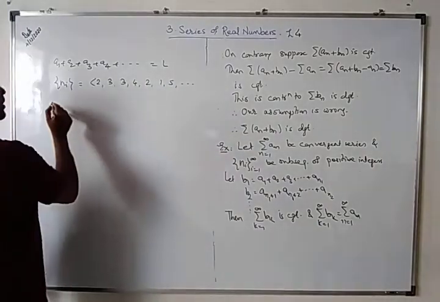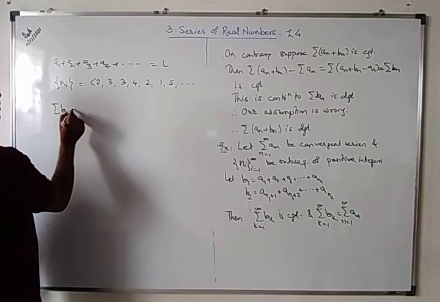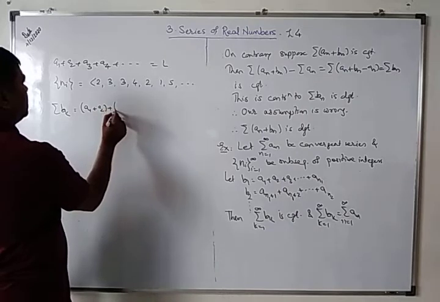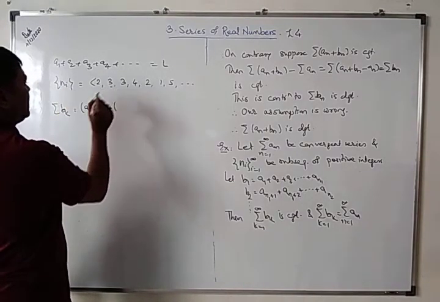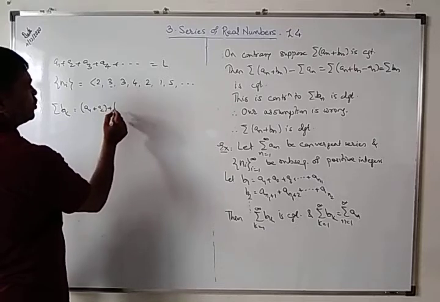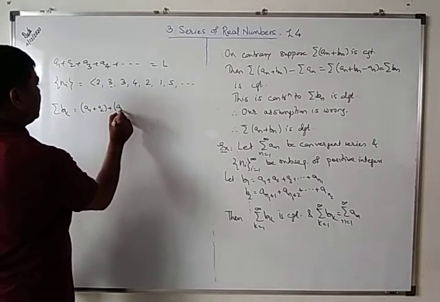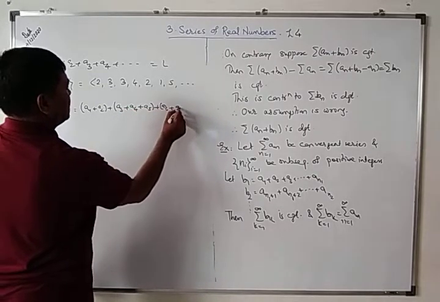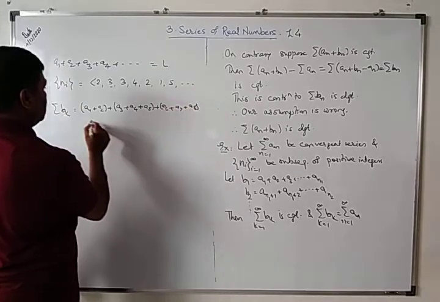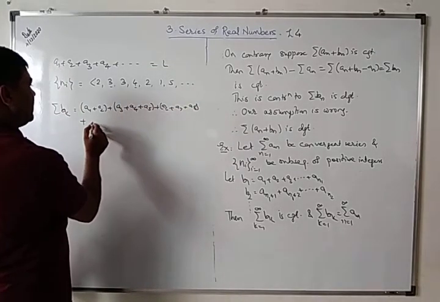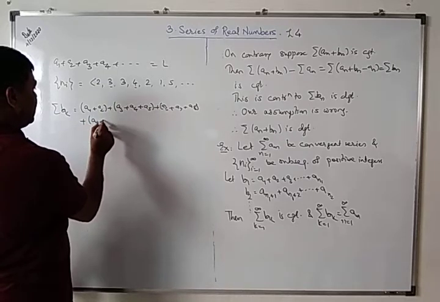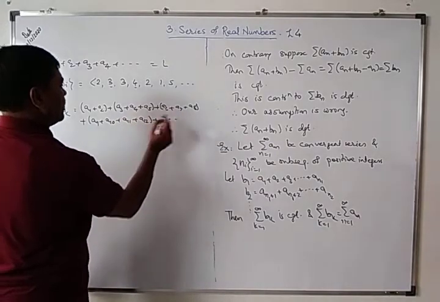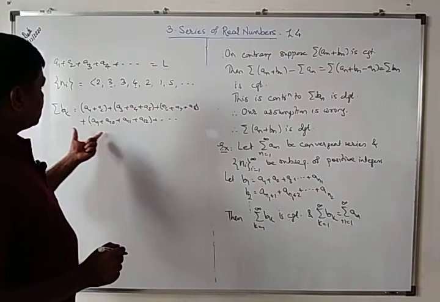Then what is summation bk here? A1 plus a2, I am taking the first two terms, then n2 is 3, so a3 plus a4 plus a5, a6 plus a7 plus a8, plus the next 4 terms a9 plus a10 plus a11 plus a12 and so on. This is your summation bk.